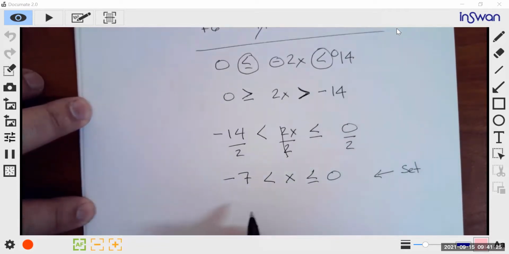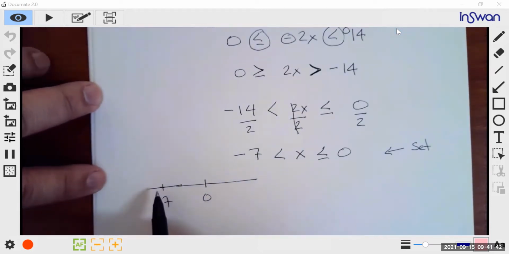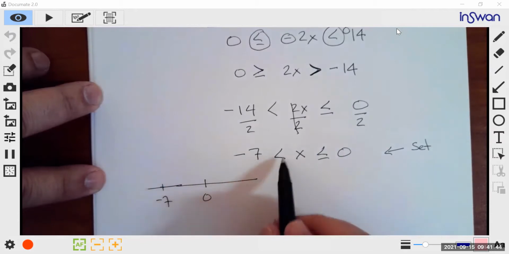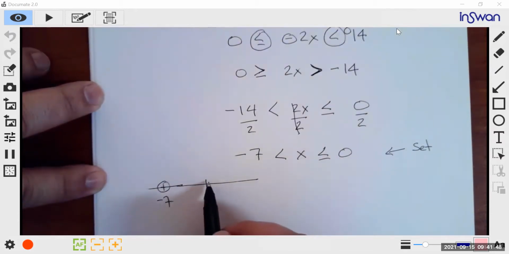We'll see in the picture in a second. Let's draw the graph. Here's 0. Here's -7. Is -7 open or closed circle? Open, because there's no line. And 0, it's a closed circle.